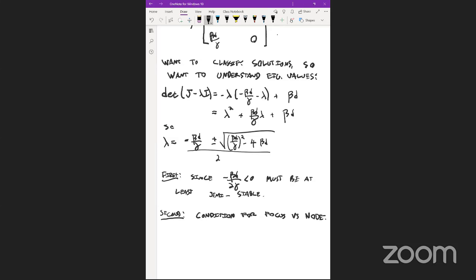That condition is exactly that delta, equal to (beta D over gamma) squared minus 4 beta D, is greater than 0. Well, it's possible that it's semi-stable, that for some parameter values this could become positive.